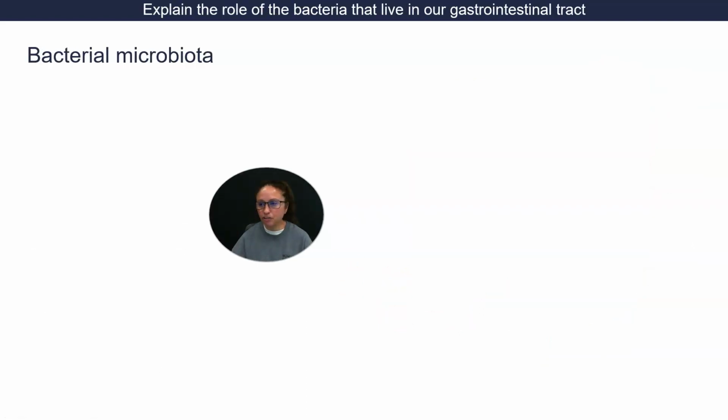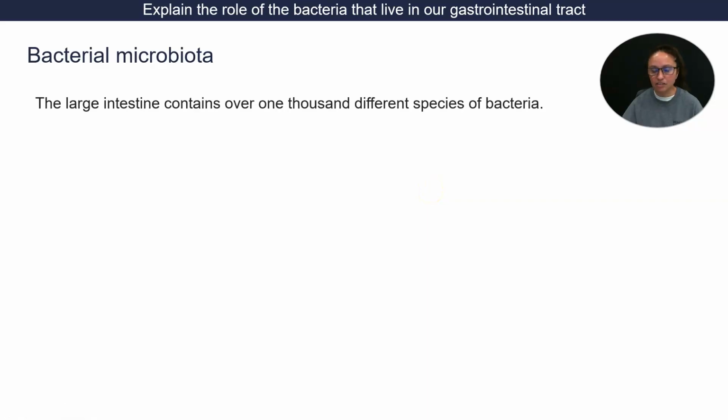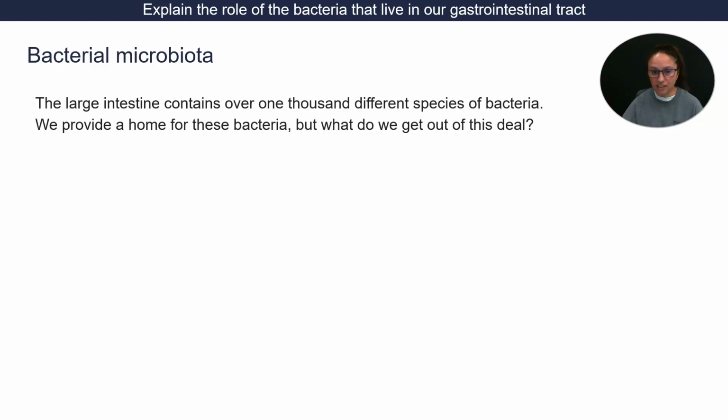Which leads me to the bacteria that live in your gastrointestinal tract. There are so many bacteria. Over 1,000 different species live in your gastrointestinal tract. We give them a home, so they live in us, but what's in it for them?